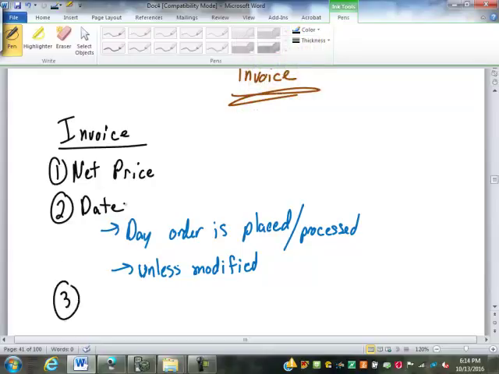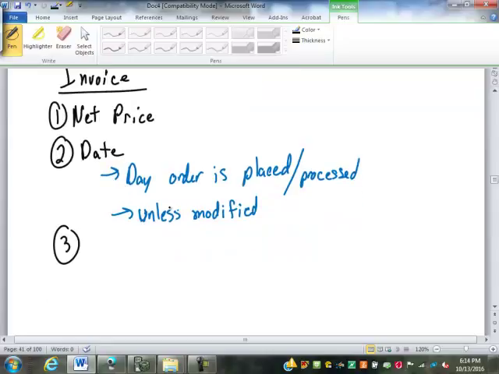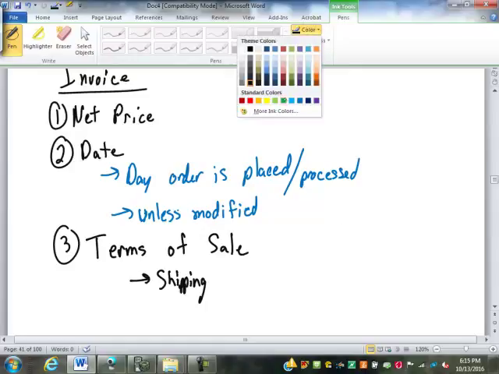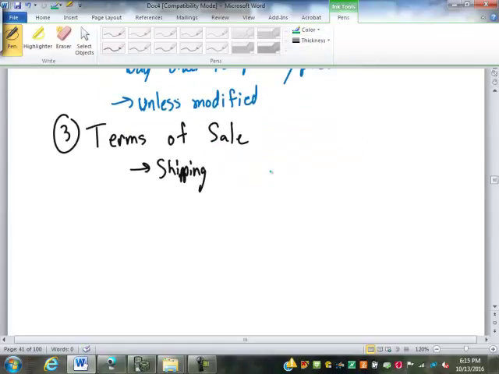Next, on there is terms of sale. The terms of the sale include several things. The first is shipping. Who pays the shipping? That all depends. That's got to be negotiated.